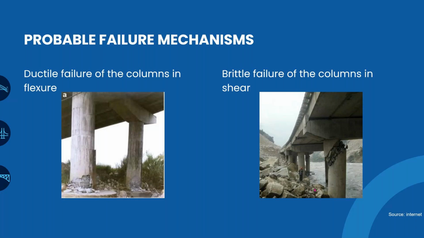That is the flexural failure. Similarly, on the right, it is a brittle failure of the column under shear. Due to the failure of the shear reinforcement, the concrete being brittle in shear, a sudden failure of the column section is observed.